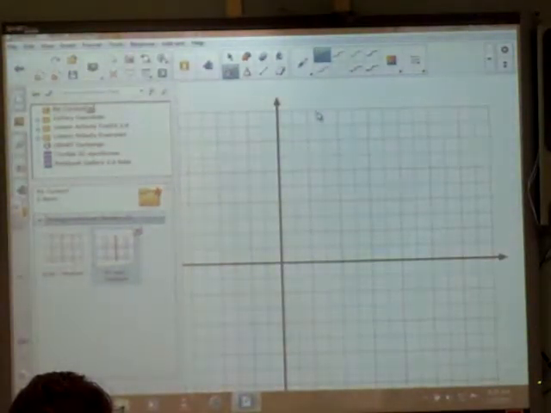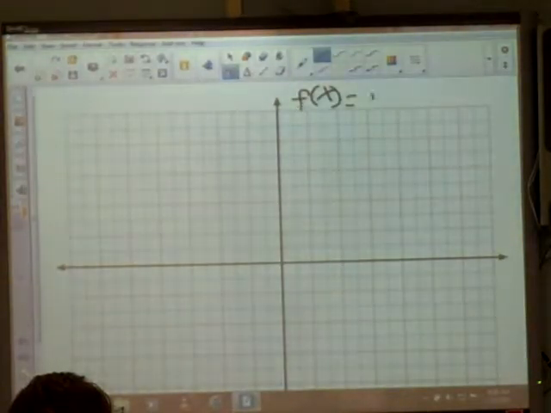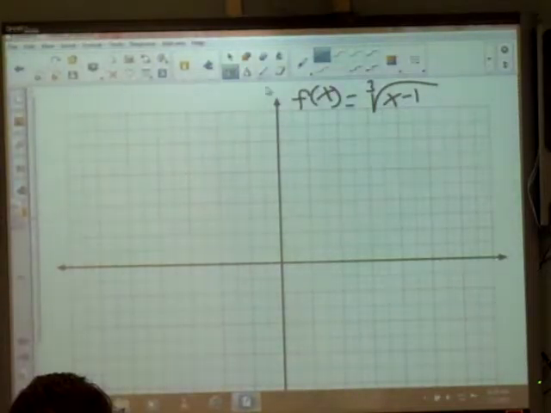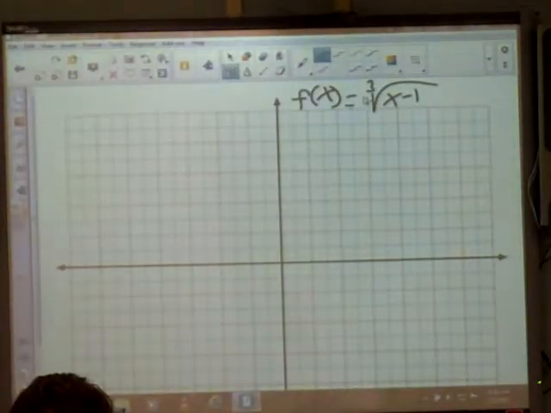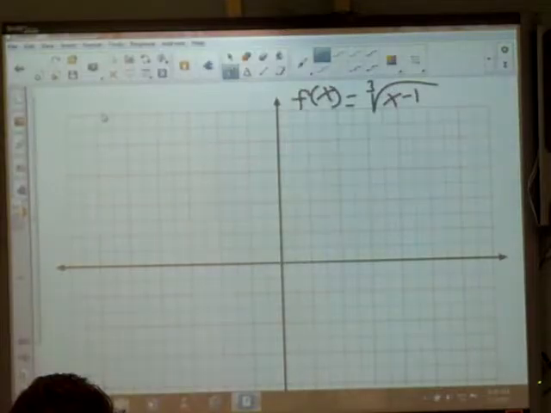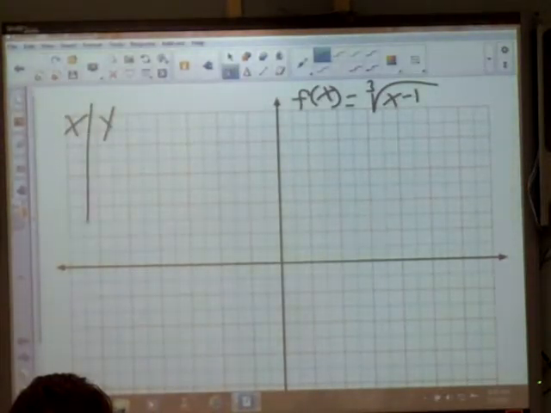Alright, this one says f of x is equal to the cube root of x minus 1. Now, when we're doing an odd root, 3 is an odd number. When we're doing an odd root, can we have negatives underneath there? Yep, so we don't have to worry about what not to plug in.